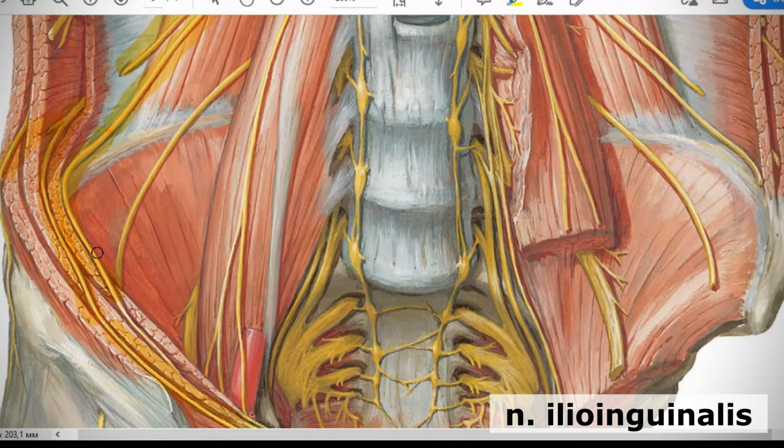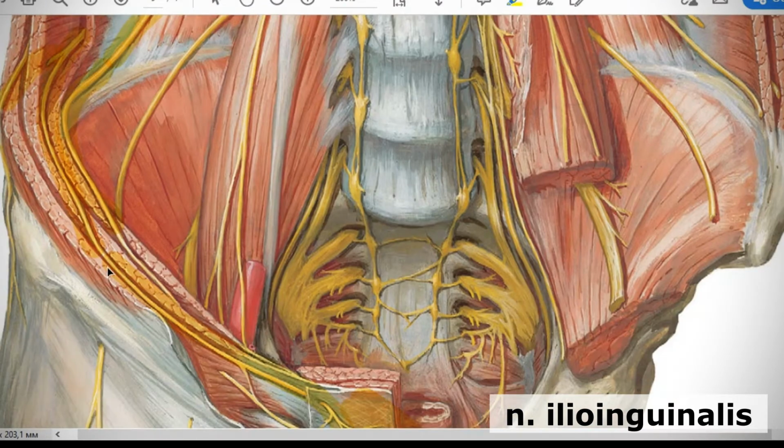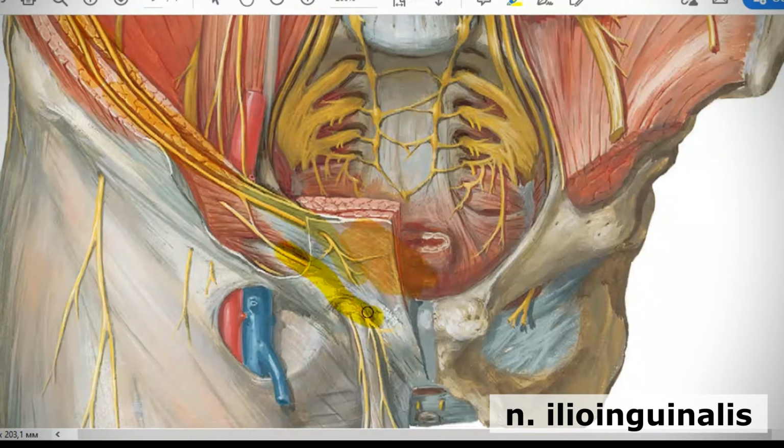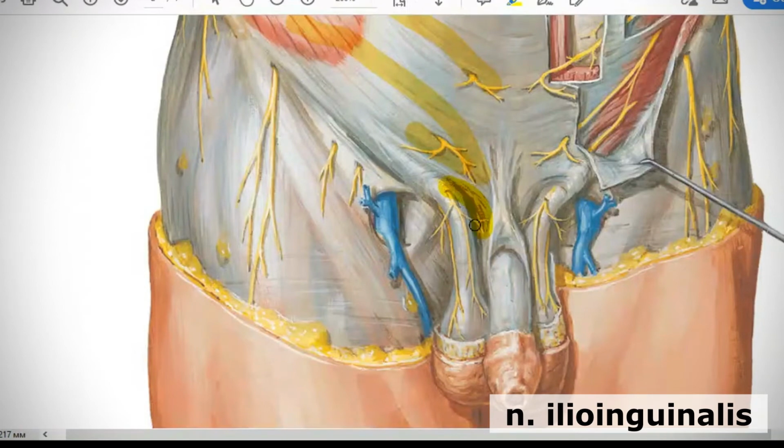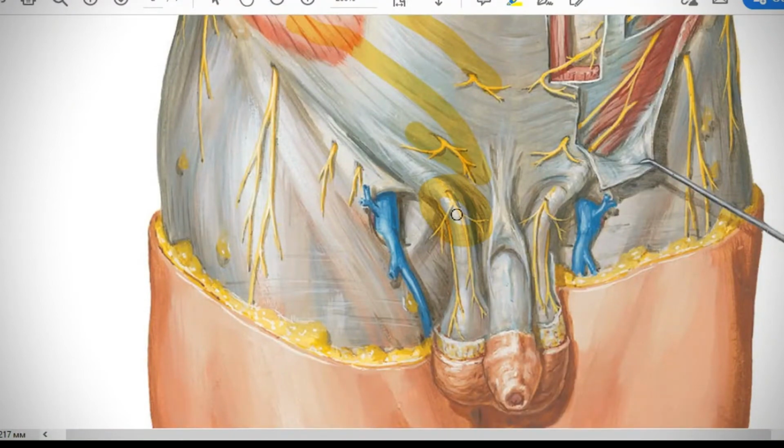It goes through this opening and enters canalis inguinalis, goes through it, then exits here through the superficial ring, annulus superficialis, and divides in the skin around the superficial ring. It innervates skin right in this area of the superficial inguinal ring, and also gives branches to the external genital organs.